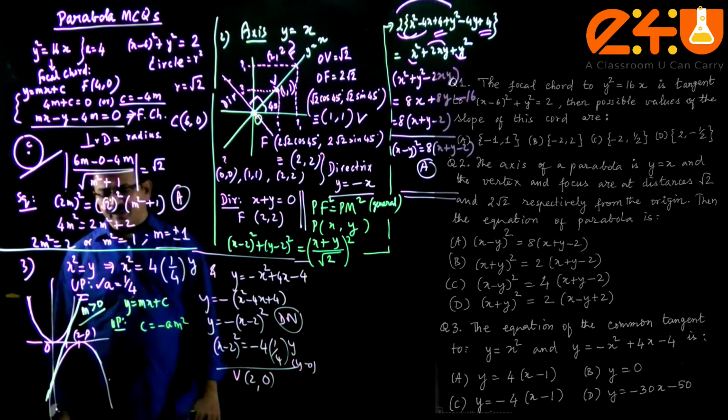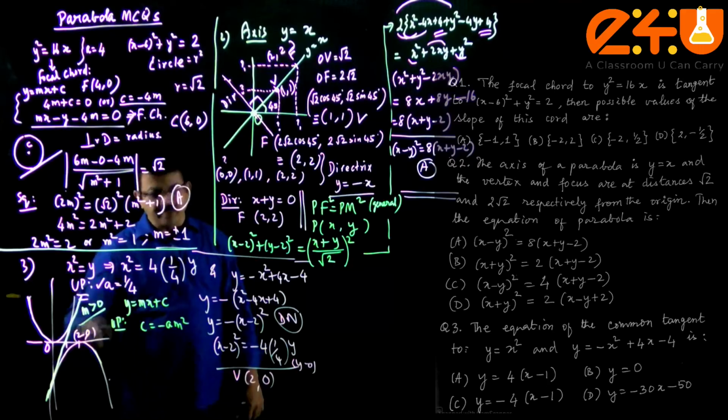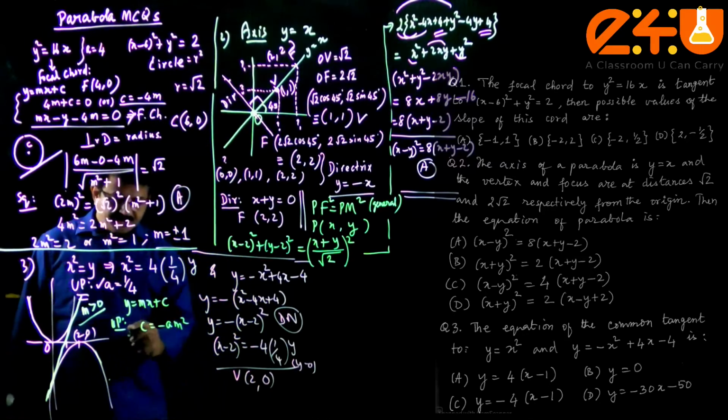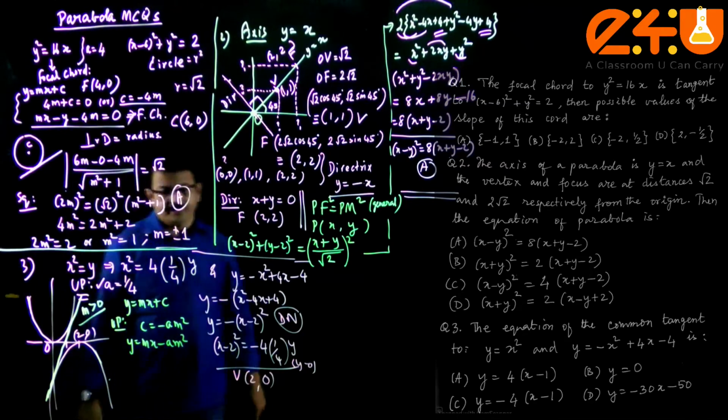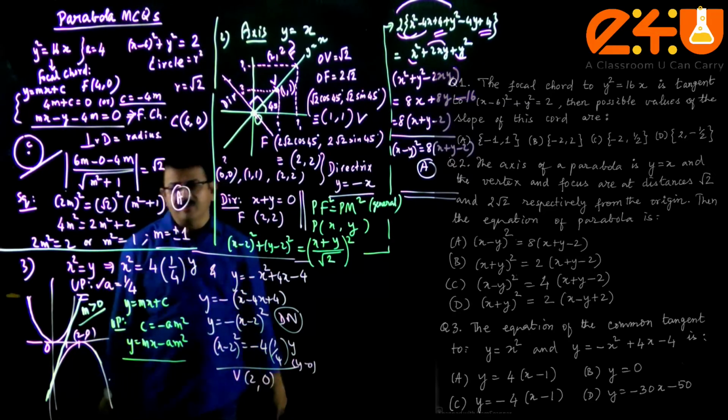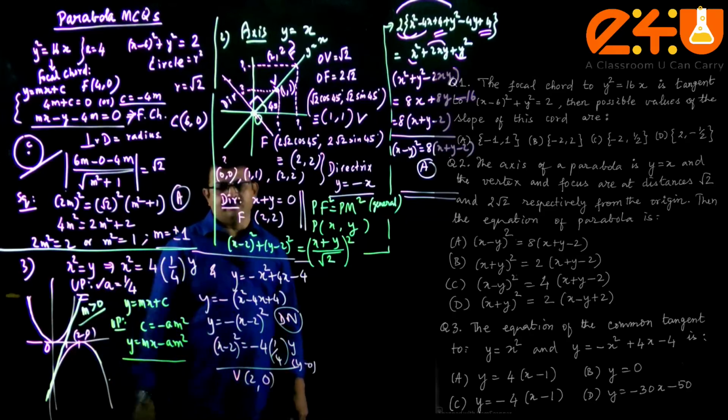I told you the reason also, because the y-intercept should be negative. Done. So substitute: y equal to mx minus am squared is the equation of tangent for the parabola.